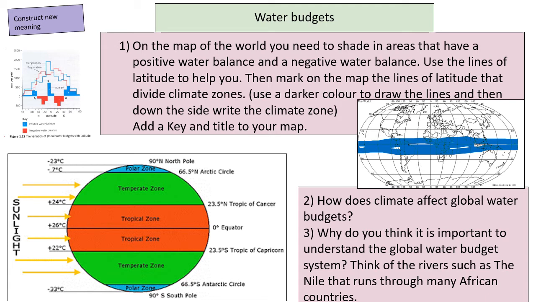And likewise, from about 40 degrees north and 40 degrees south, so that's about here, you've got a net surplus. So we'll colour that in blue. And again, if we look down here, we'll see that it's about here. Oh, I can't draw a straight line, but you get the idea.